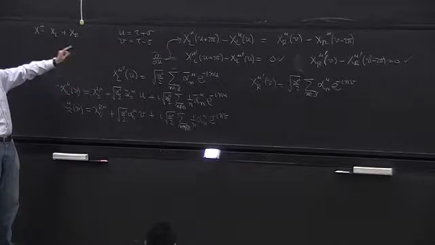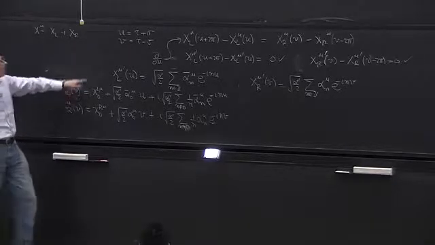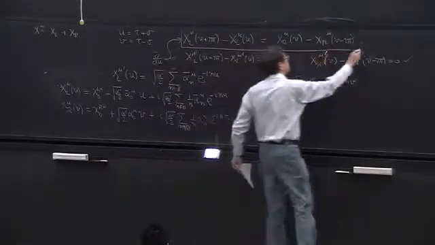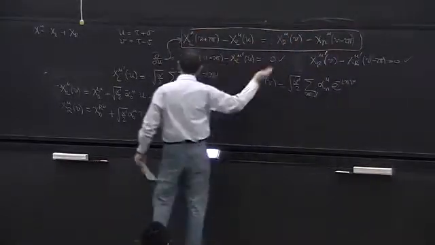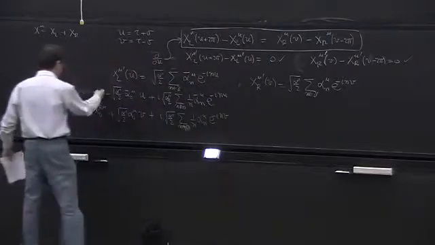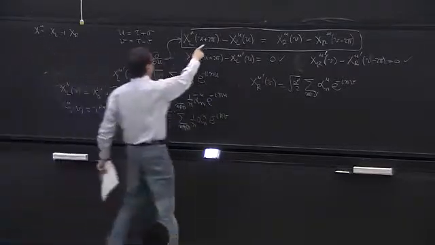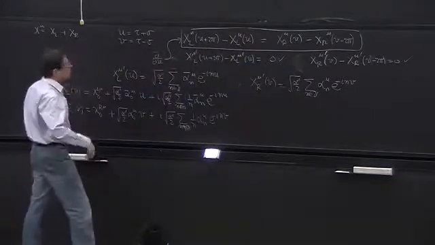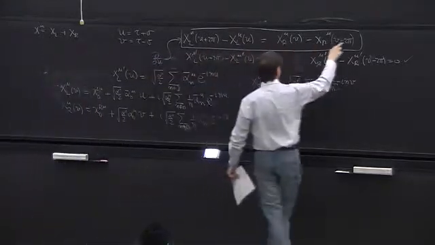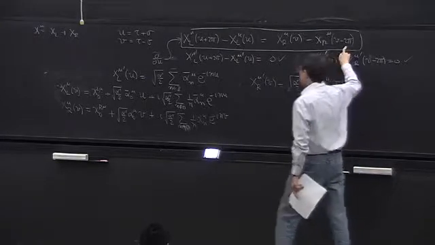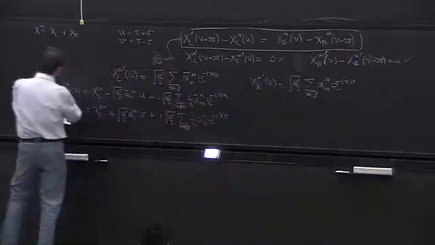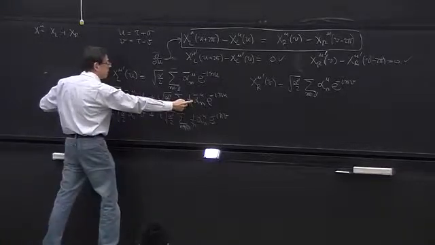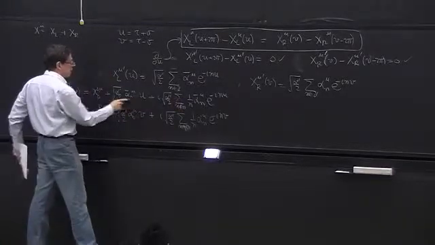Why? Because it's time to go back to our constraint. We took the derivative, and we got an equation, but then we integrated. So we go back, and we see, oh, the failure of periodicity of XL must equal the failure of periodicity of XR. Now, what is the failure of periodicity of XL? This is certainly periodic, and this is certainly periodic. This is not periodic.